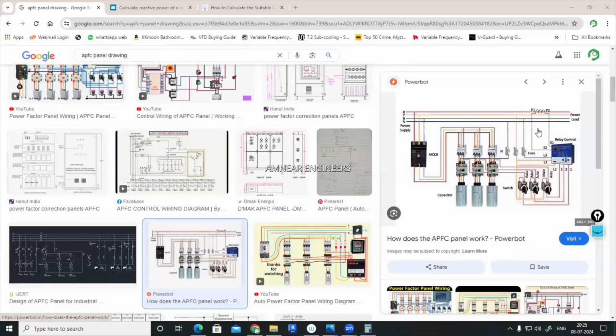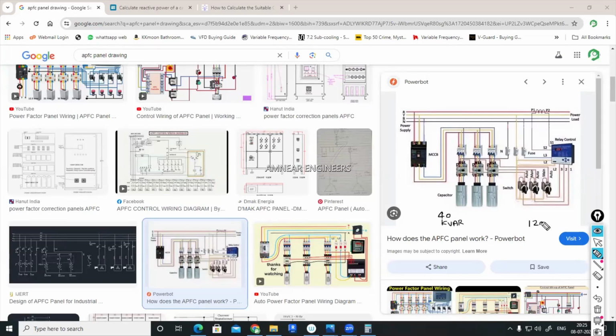As per the power factor or the reactive power required, it can operate. It is connected with the contactors. Let me explain using some numbers. Suppose each of these capacitors has 40 kVAR capacity.